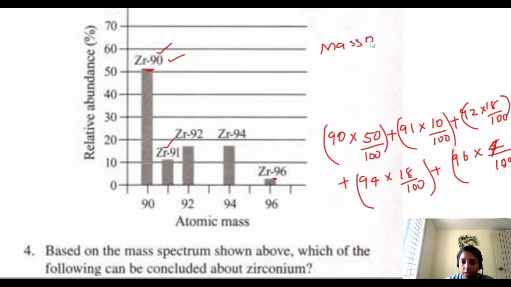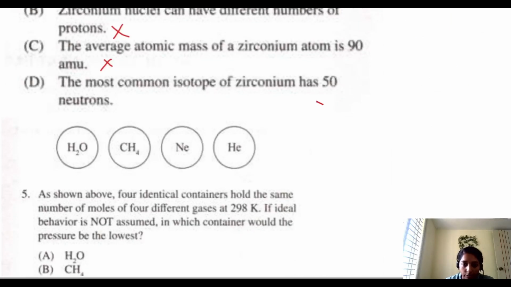Mass number is the number of protons plus the number of neutrons. The number of protons we can get from the periodic table. The number of protons of zirconium is 40. This mass number is 90, so definitely the number of neutrons should be 50. So that option is correct, and you can go with that option.